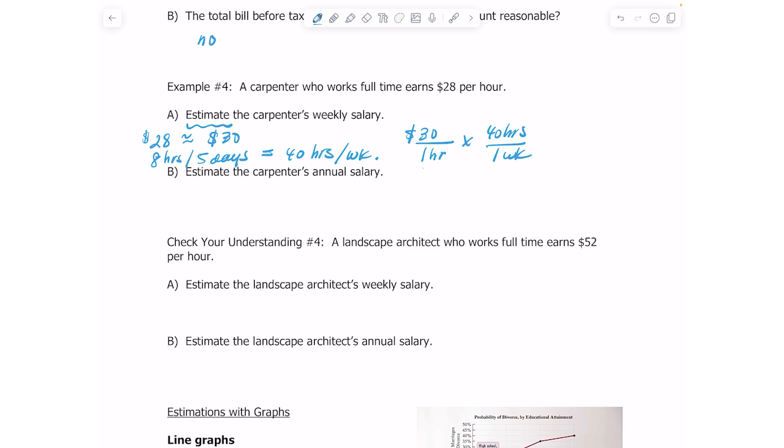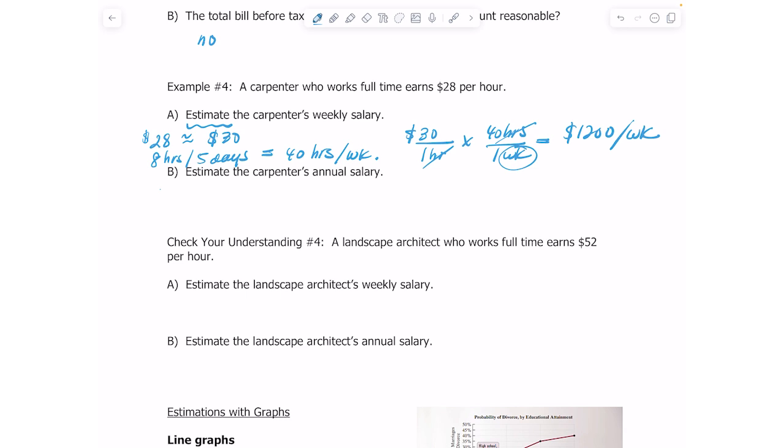And we're looking for weekly salary. So we want money in terms of the week. So here, I can cancel out the hours, and I'm left with 30 times 40, which is just $1,200. And then I'm also left with weeks. So the carpenter makes about $1,200 a week.